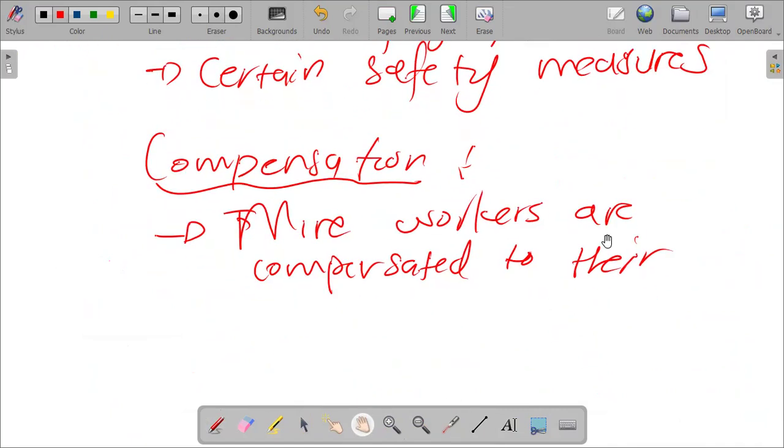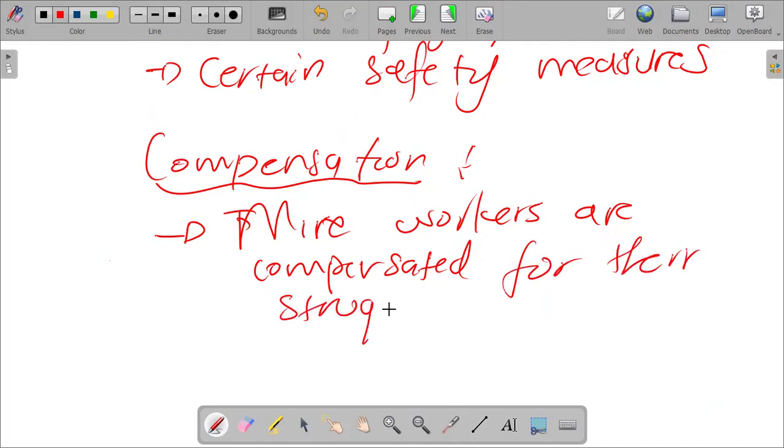Whatever disadvantages the mining job comes with, they will be compensated or paid fairly because of what they might be going through. Mine workers are compensated for their struggles. So these mines will protect their own employees, because of how dangerous the job may be.